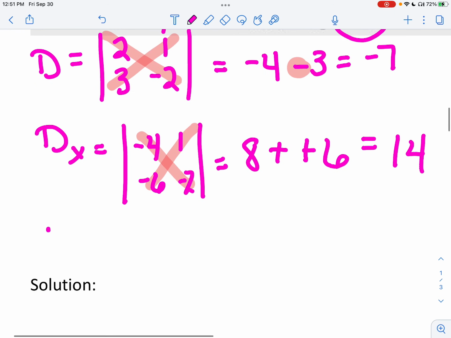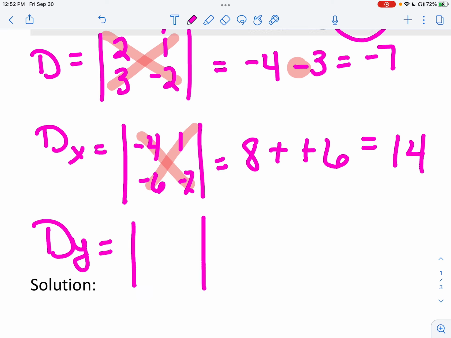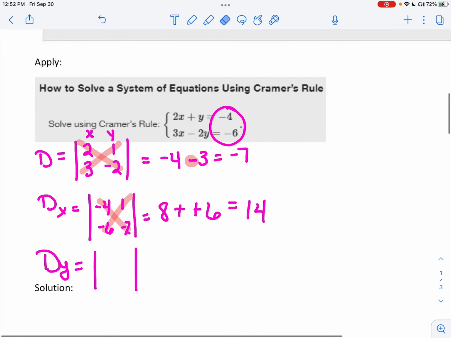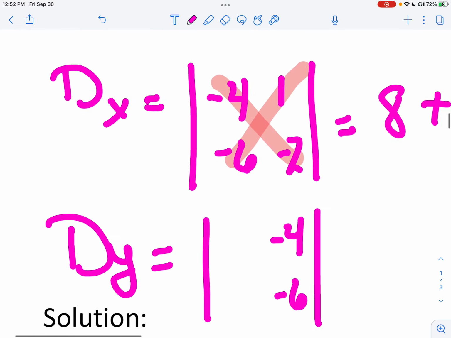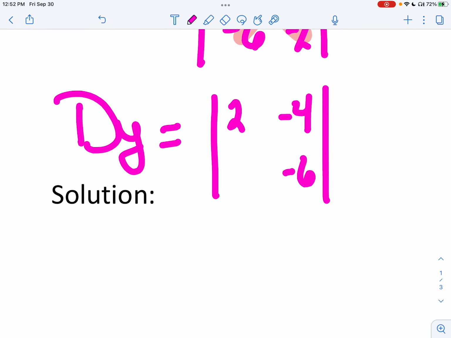Now it's time for the determinant of y. The determinant of y replaces the y column. So instead of 1 and -2, this time we replace the y column with what's after the equal sign, -4 and -6. And we keep the x column what it was originally, the coefficients of 2 and 3.